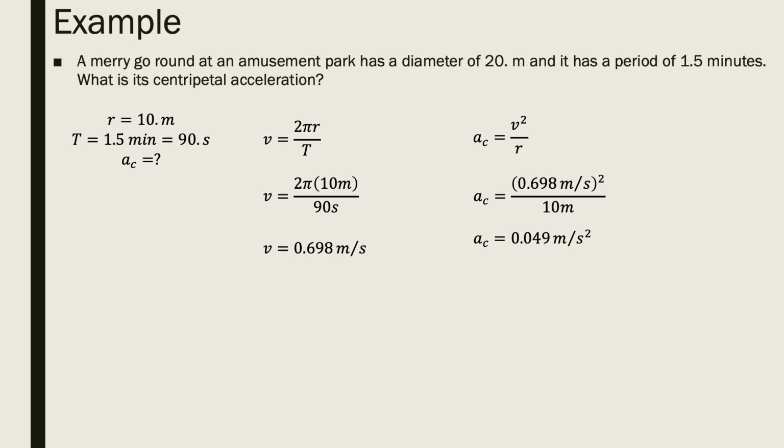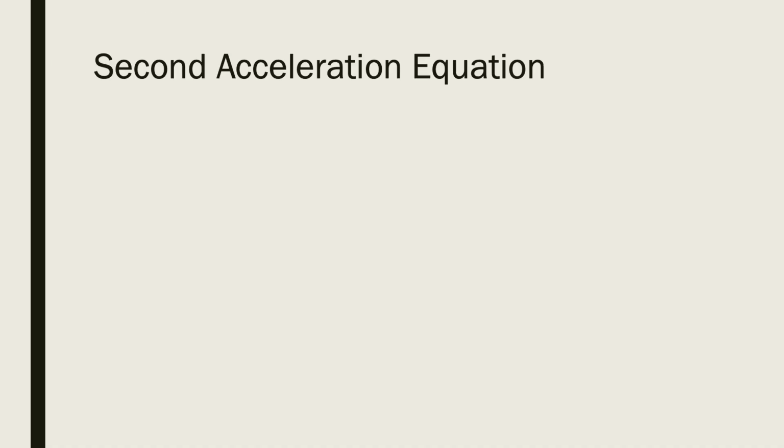Now, there is a different way we could have solved this, which we'll talk about on the next page, and that would be essentially combining our speed equation with our centripetal acceleration equation. Since we know that our speed is 2 pi r over our period and our acceleration is our speed squared divided by r, we could substitute our speed equation into our acceleration equation.